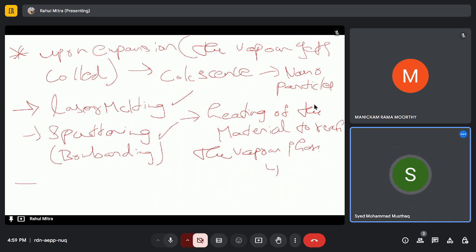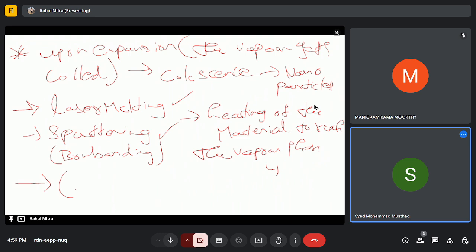Again, the same drawbacks. The nanoparticles may cluster because there is no control. There is more control in this process when compared to the previous process, because in the first process we are condensing in a fixed room or fixed volume, but when compared to expansion, where we are trying to increase the volume, it has a less tendency to coalesce.